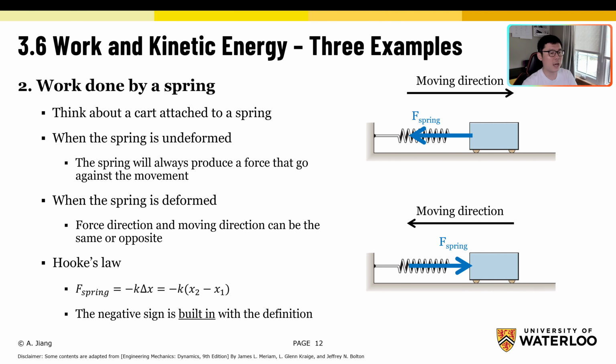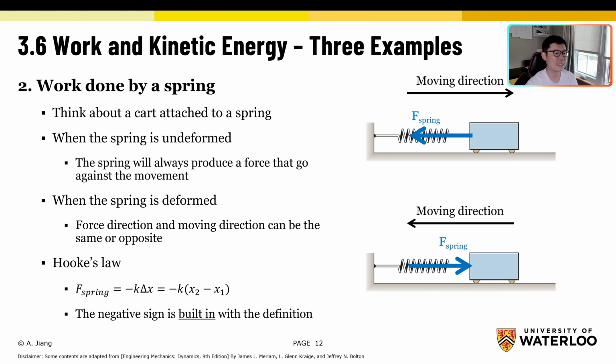So to describe the force produced by a spring, we will use Hooke's law, which gives us F spring equals negative k delta x, and delta x is calculated by x2 minus x1, the final position minus the initial position of the spring. And delta x is the deformed distance of the spring, the deformed displacement of the spring.